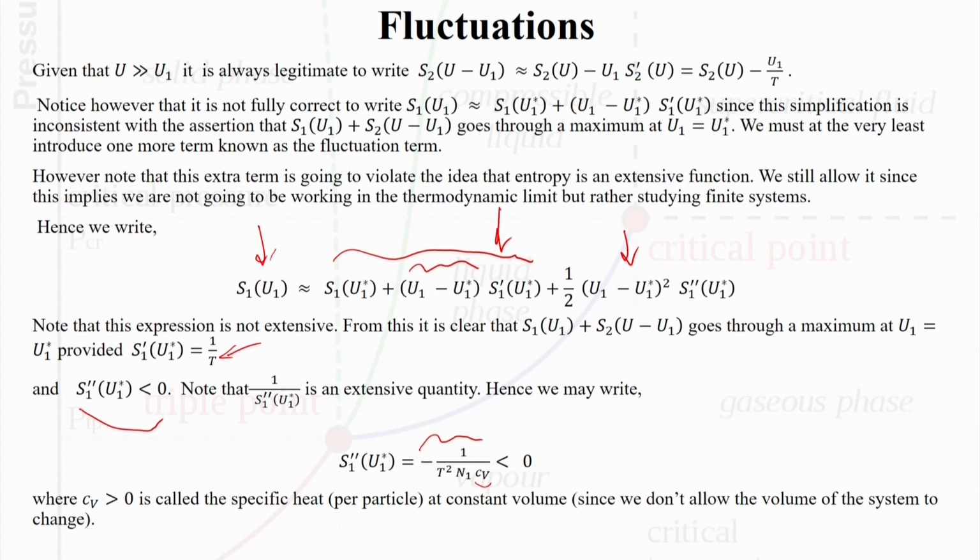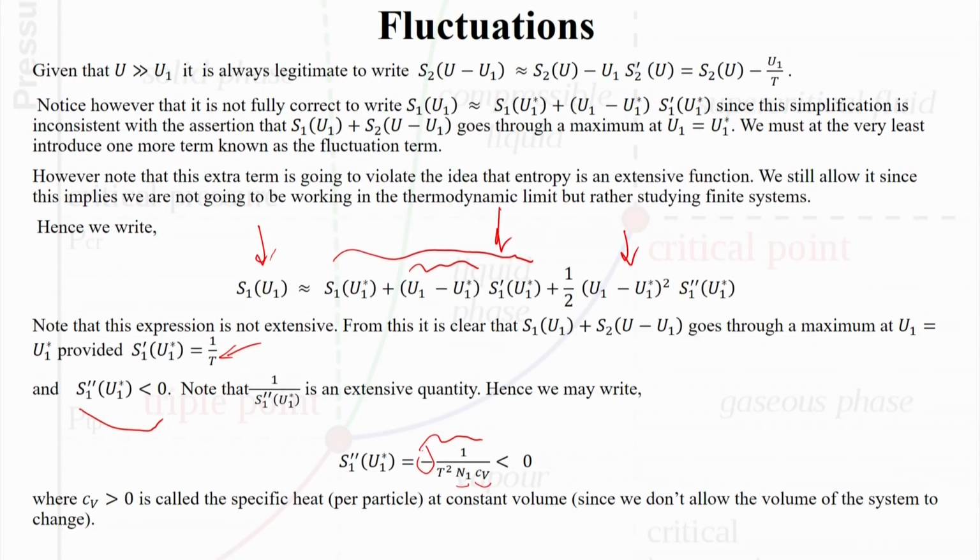The important thing is there is a minus sign there, and of course, there is an implication that the reciprocal of the second derivative of the entropy function with internal energy is extensive, which is why I have pulled out N1, the number of particles. So the implication is temperature, which is already intensive, and a lowercase c with an uppercase V means specific heat at constant volume per particle.